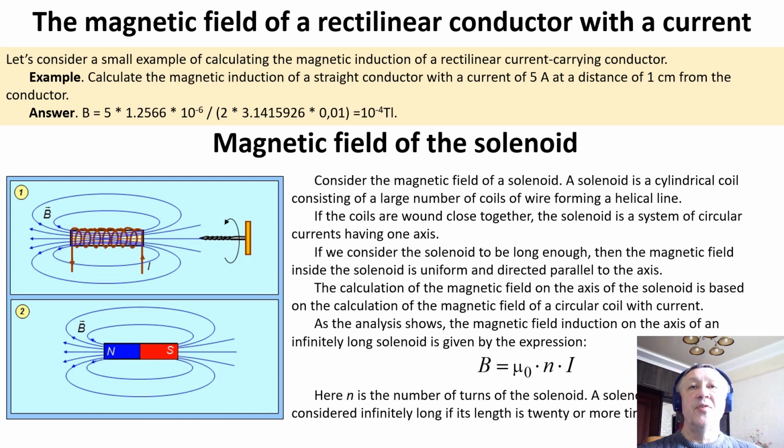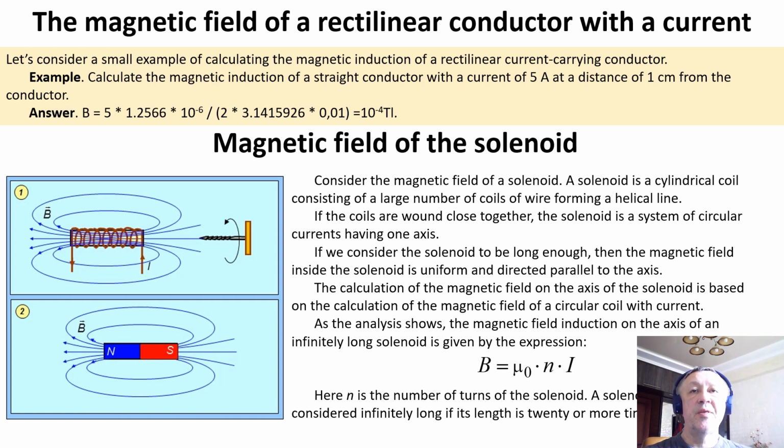Consider the magnetic field of a solenoid. A solenoid is a cylindrical coil consisting of a large number of coils of wire forming a helical line. If the coils are wound close together, the solenoid is a system of circular currents having one axis.